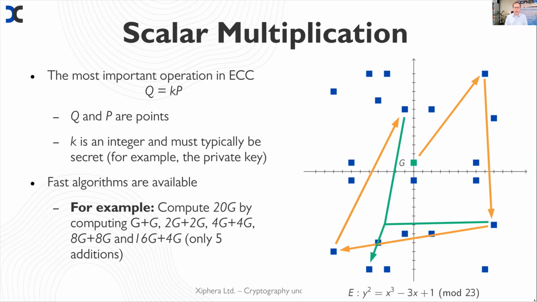And when we have computed 16G, we just add the previously computed 4G to that 16G to get 20G. And this takes only 5 additions compared to the 19 that would be required in a direct algorithm where we only add G every time.